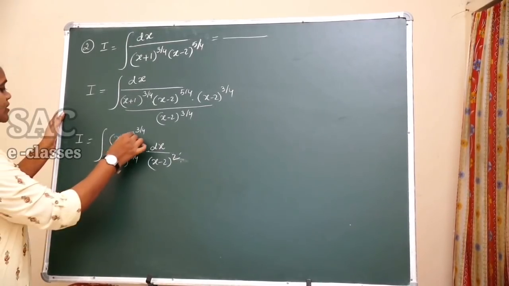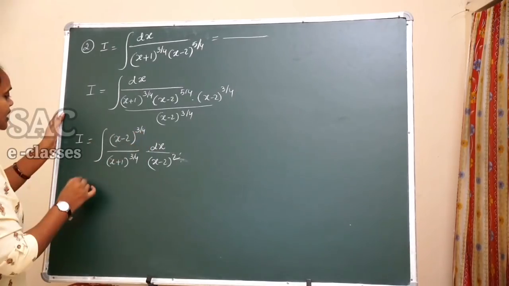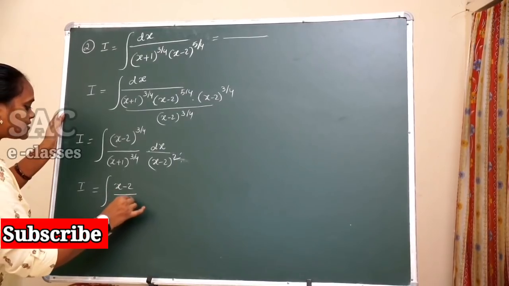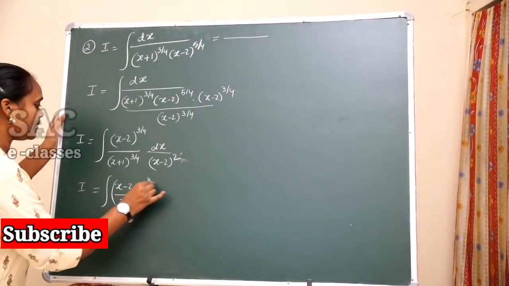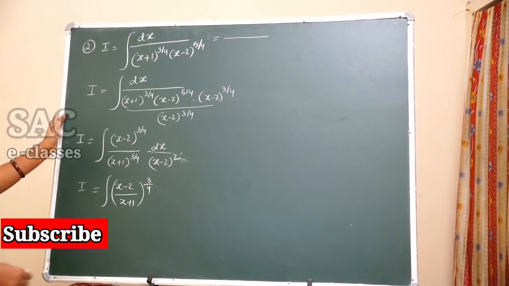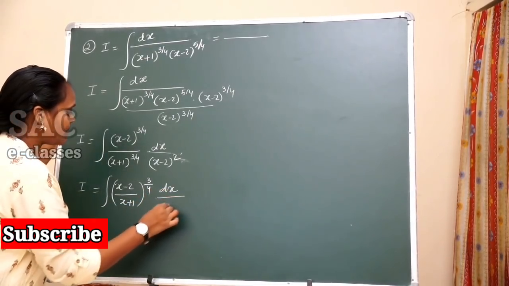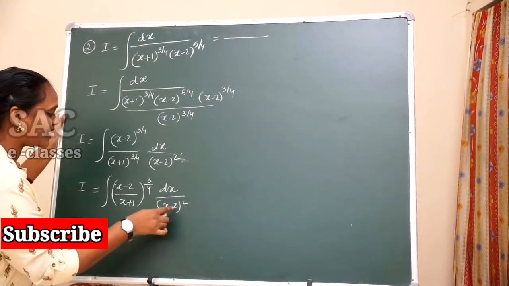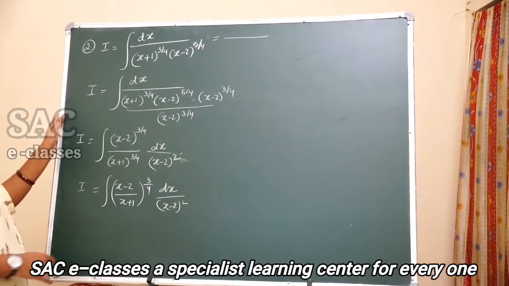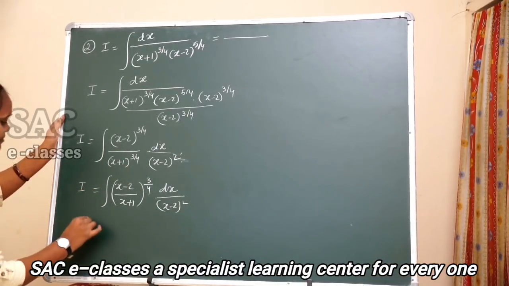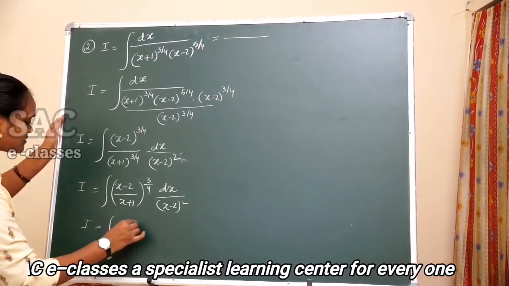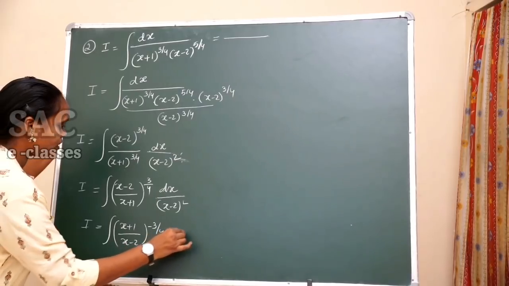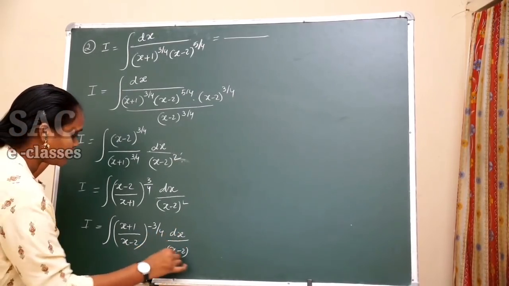Now I equals ((x minus 2) by (x plus 1)) whole power 3 by 4 into dx by (x minus 2) whole square. To make this comfortable, let me take the reciprocal: ((x plus 1) by (x minus 2)) whole power minus 3 by 4 into dx by (x minus 2) whole square.